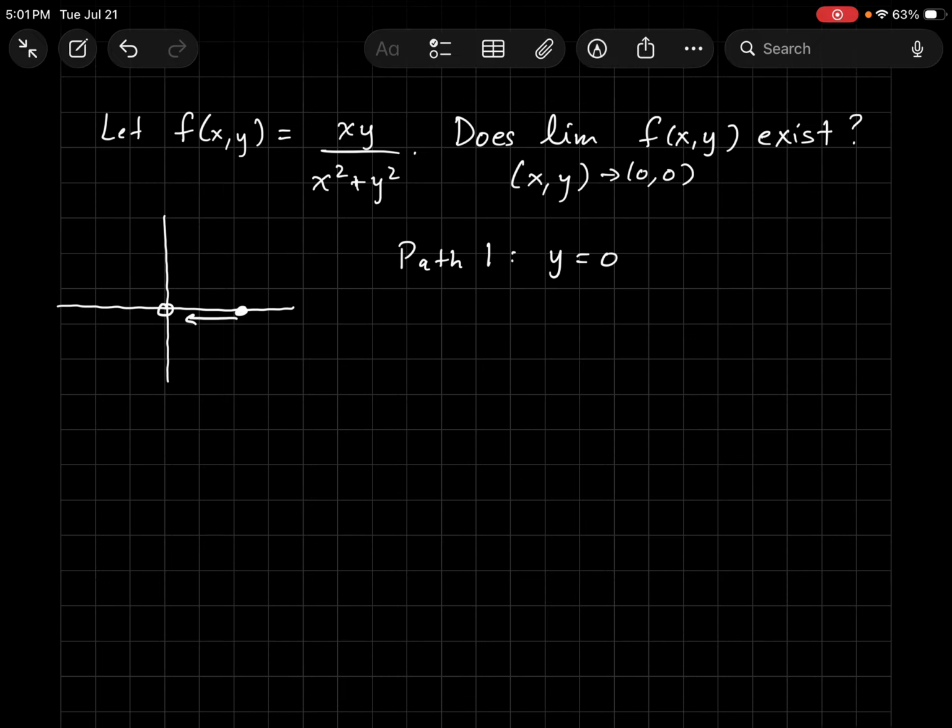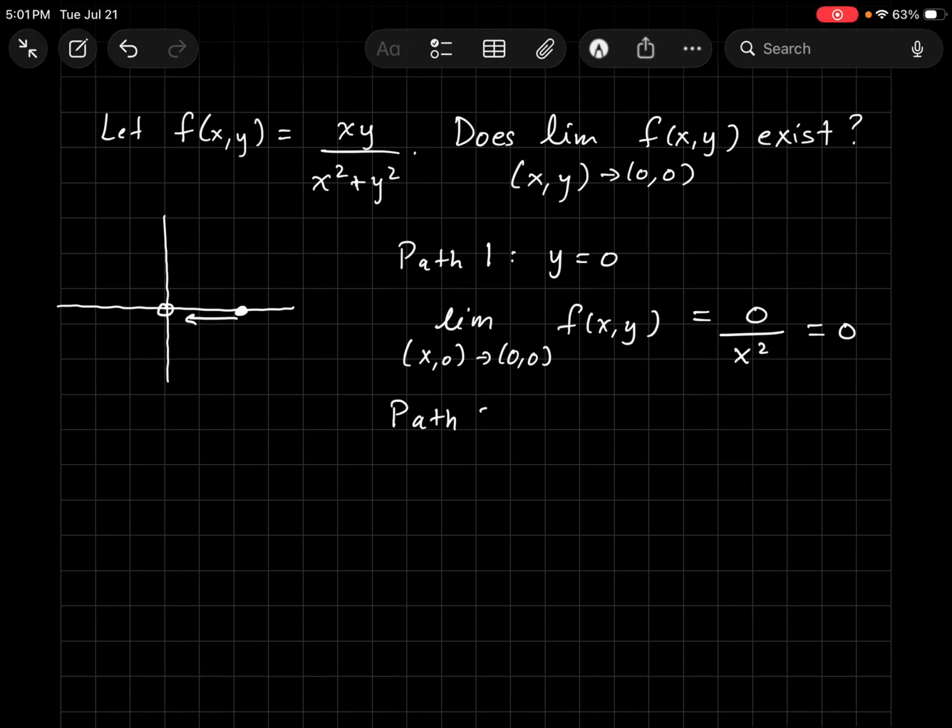And if I plug in y equals 0 into my limit, so we'll do the limit as (x, 0) goes to (0, 0) of our function, we're going to get 0 over x squared, which is 0. Same path 2.